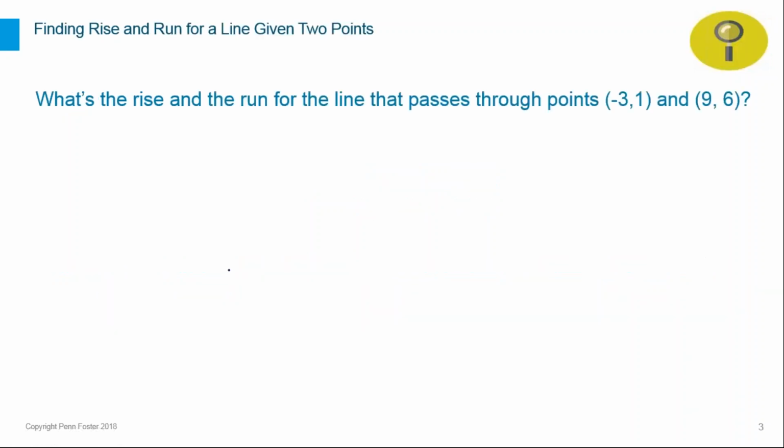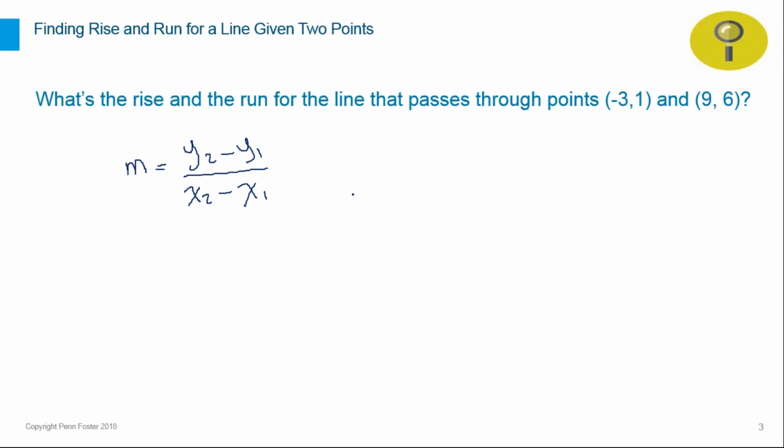Let's look at an example. What's the rise and the run for the line that passes through the points (-3, 1) and (9, 6)? So again, basically, we will calculate the slope, and the slope will give us the rise and the run. So the formula says the slope m equals y2 minus y1 divided by x2 minus x1.